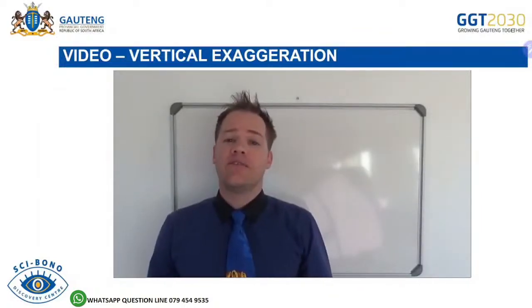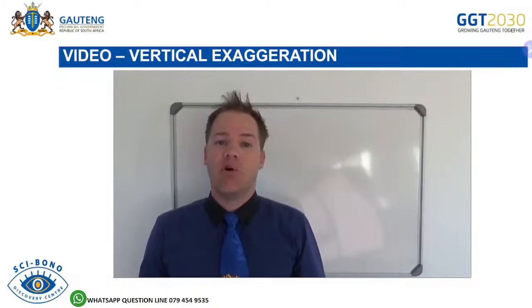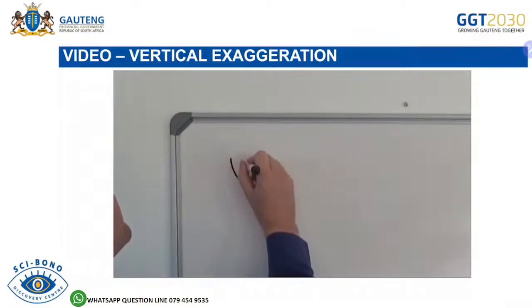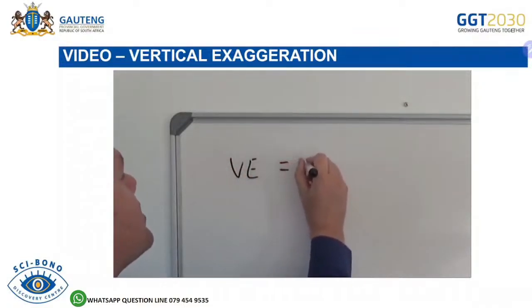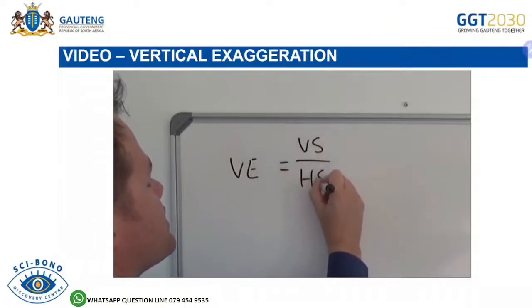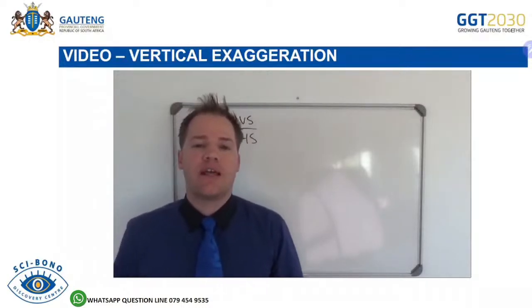When we calculate vertical exaggeration, it's important to memorize the formula, and the formula is the following. Vertical exaggeration equals vertical scale over horizontal scale. Your teacher will give you two different scales.